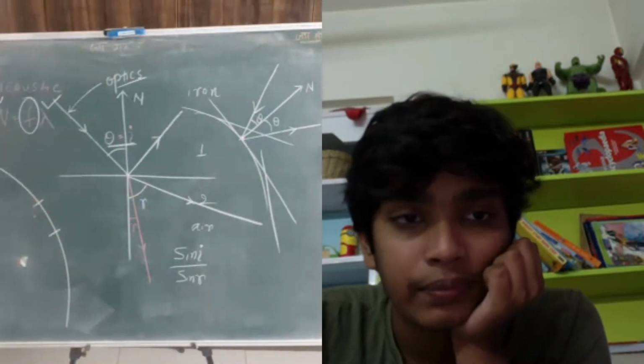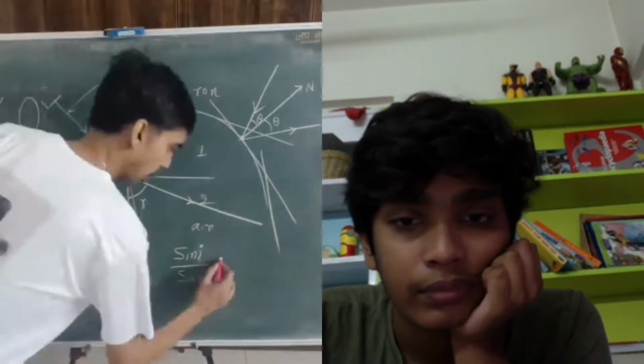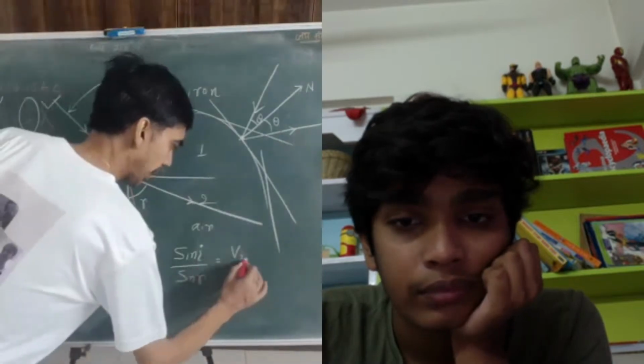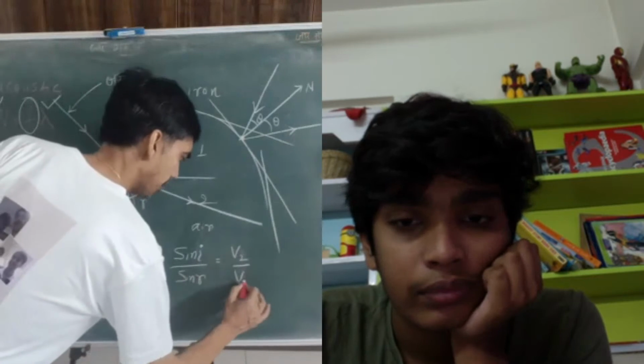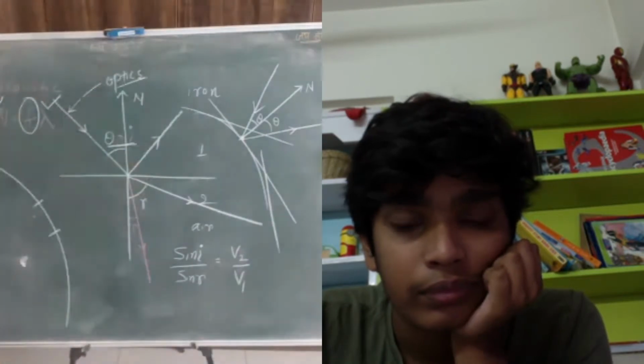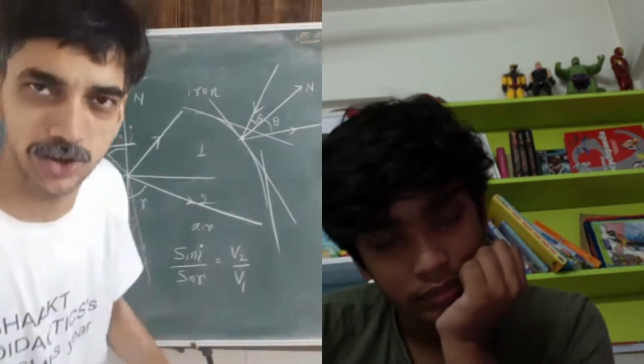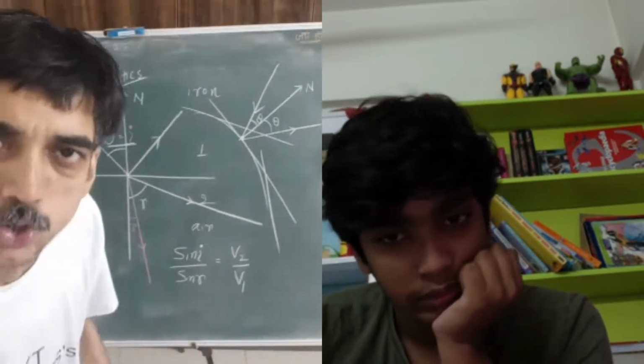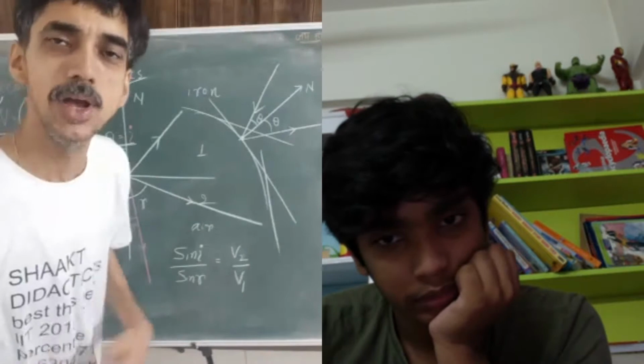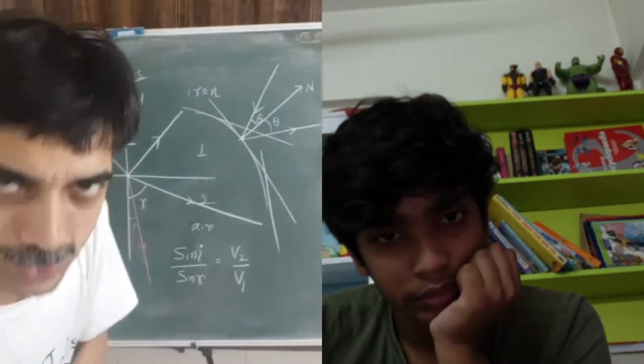So sine I by sine R is equal to speed in the second medium by speed in the first medium. That means speed in the medium to which the ray is going to speed in the medium from where the ray is coming.